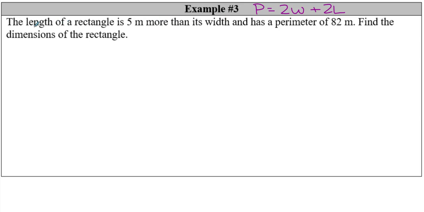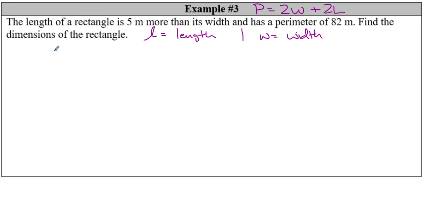So we know the length of a rectangle is 5 meters more than its width and has a perimeter of 82 meters. So our variables should be L for length, okay, and then we should probably use W for width. You guessed it. All right, so let's model this, right?